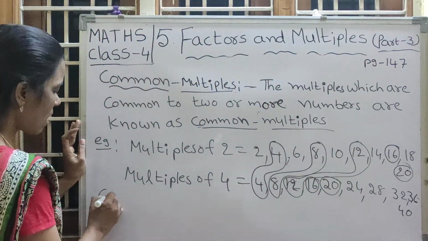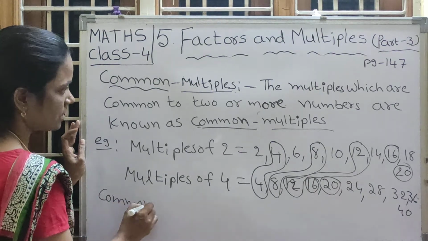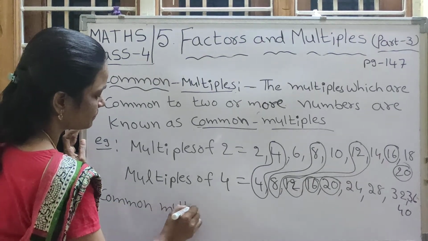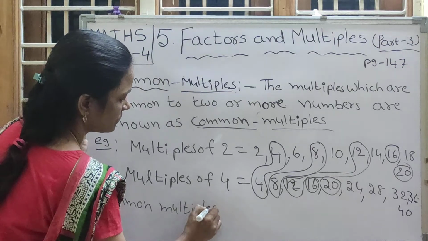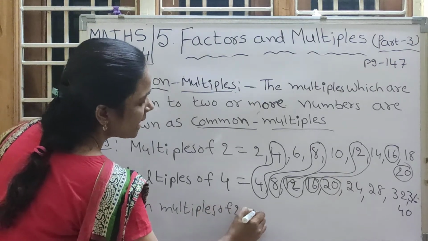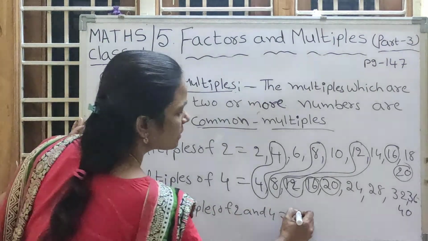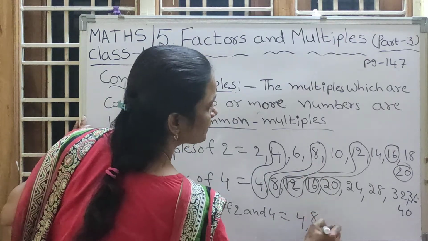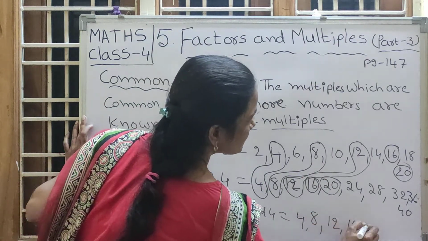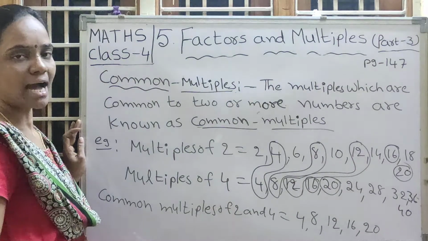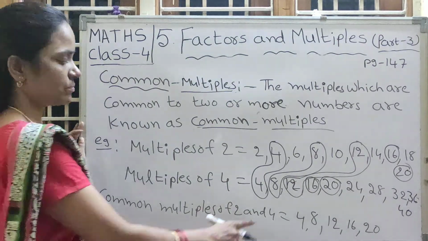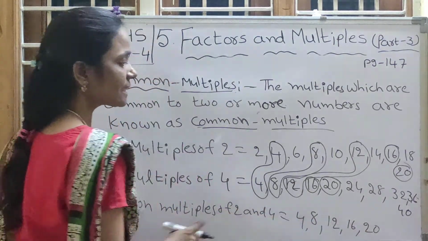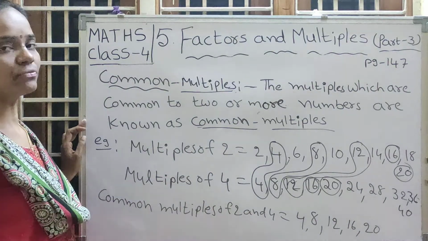So write down common multiples of 2 and 4: 4, 8, 12, 16 and 20. I took only the first 10 multiples. So 4, 8, 12, 16, 20 are the common multiples for 2 and 4.